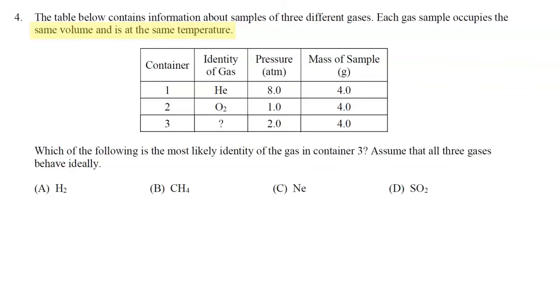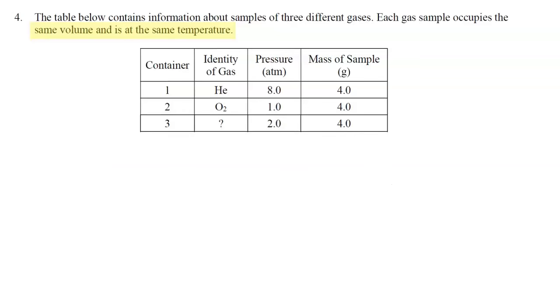So what I'm going to do is focus on the four variables that describe a gas, and they are volume, temperature, number of moles, and pressure. Now, we are already told in this problem that each gas sample occupies the same volume and is at the same temperature, so the other two variables, the number of moles and the pressure, are going to be important for us to analyze to figure out the answer to question 4.